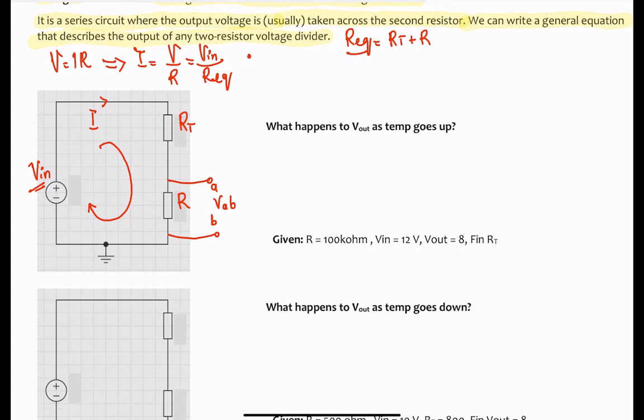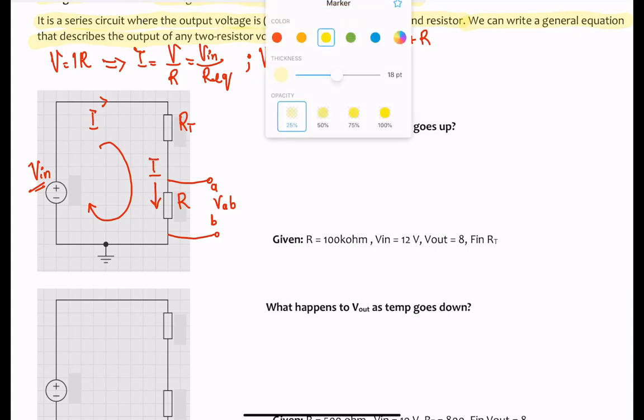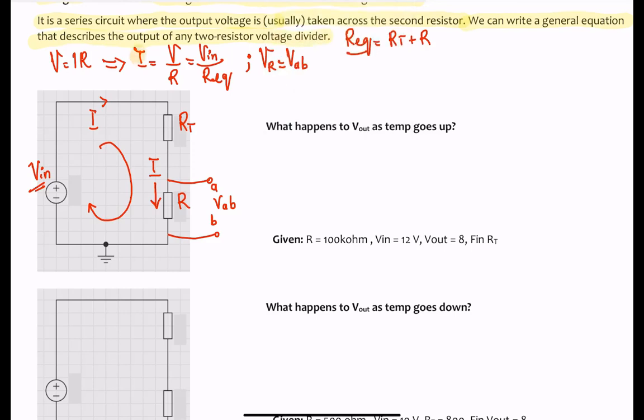Now that I know the current, I can apply Ohm's law to find the voltage, or actually VAB, because that's how I named the terminals. We know the current going across this resistor is the same current I, which we just calculated using this equation over here. Remember, I'm doing it in expression form, so I'm not going to plug in the values.